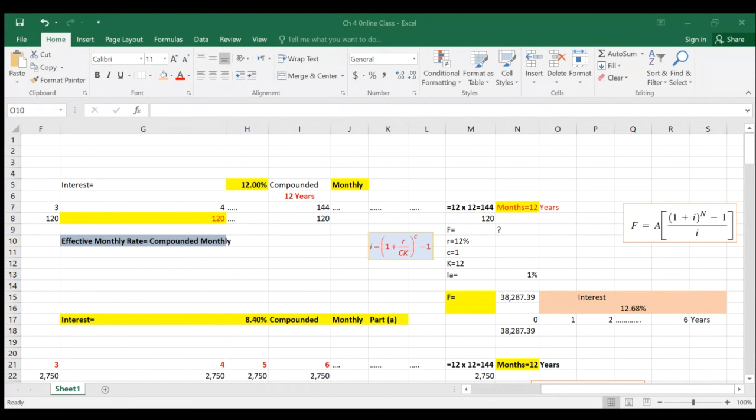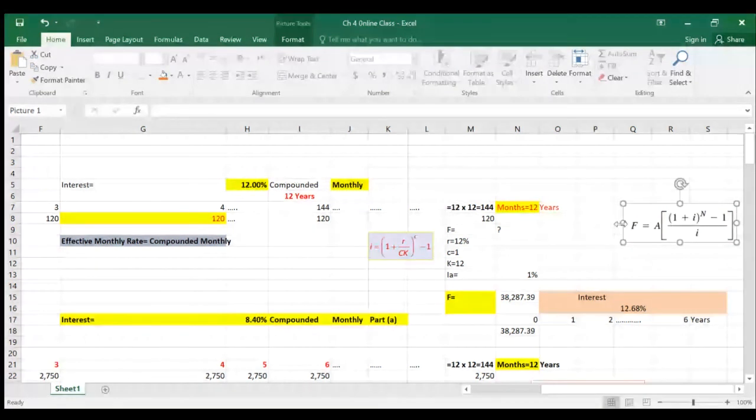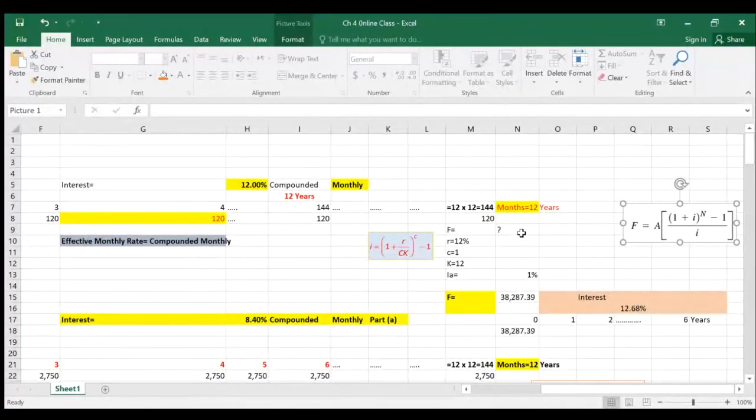A is given as 120. I, we have to calculate the effective rate, so the monthly effective rate, after converting it, becomes 1%. N is 144, and we find that our F is this one.